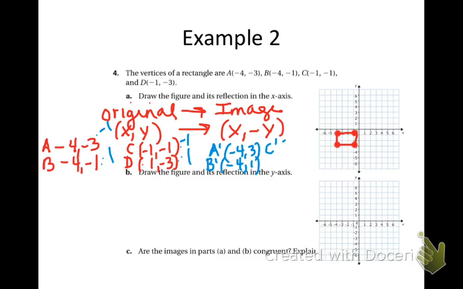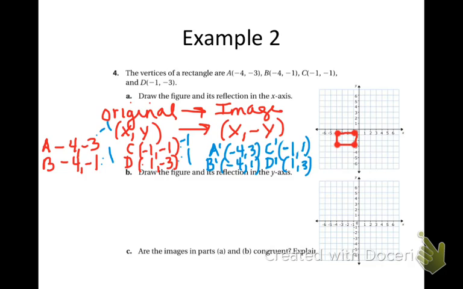C prime is negative 4 comma 1. Sorry, I was looking at the wrong coordinate for x. So it's going to be negative 1 comma 1. Apologize for that. And D prime is negative 1 comma 3.